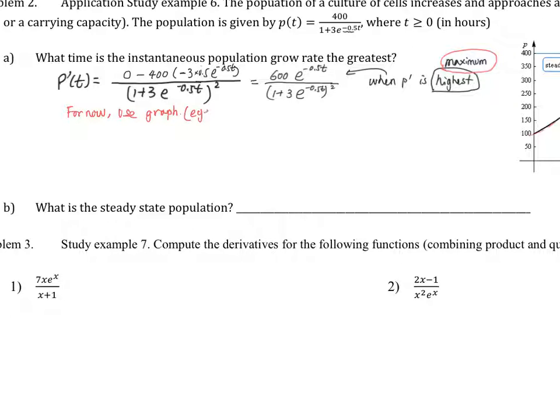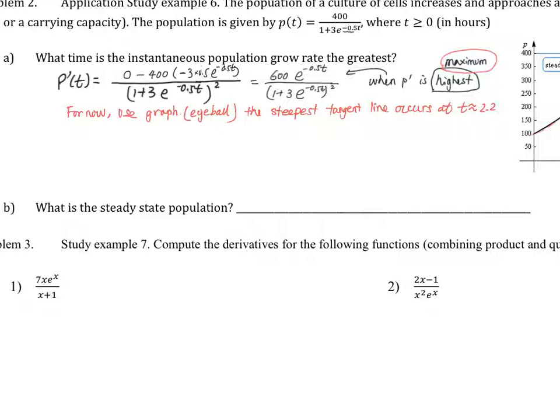Basically you eyeball the steepest tangent line, which occurs at around t close to 2.2 unit time.